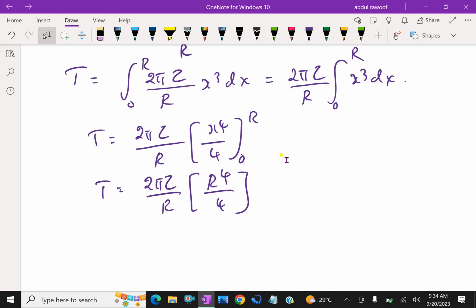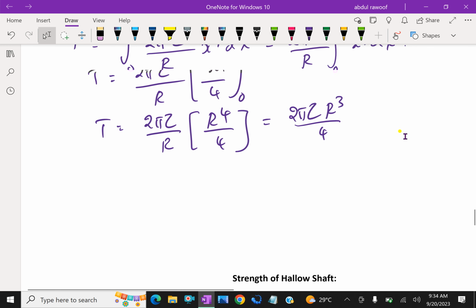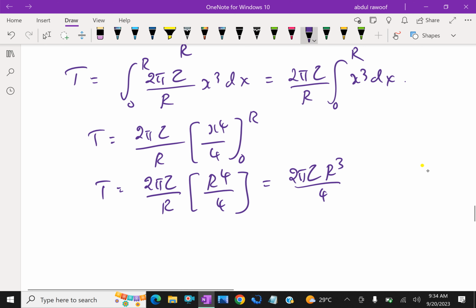Now this is equal to 2 pi tau, r power 4 divided by r is r cube, over 4. Further, r can be written as d by 2, so 2 pi tau by 4 into d by 2 whole cube.